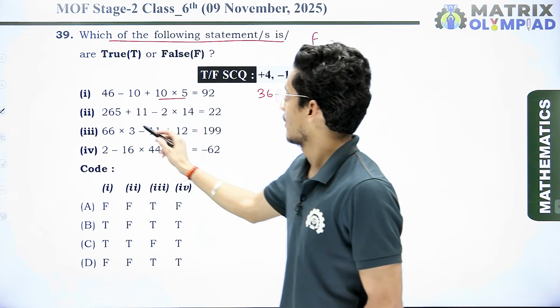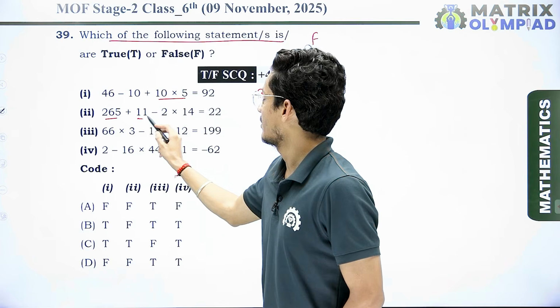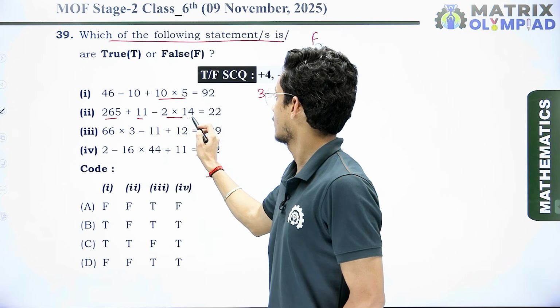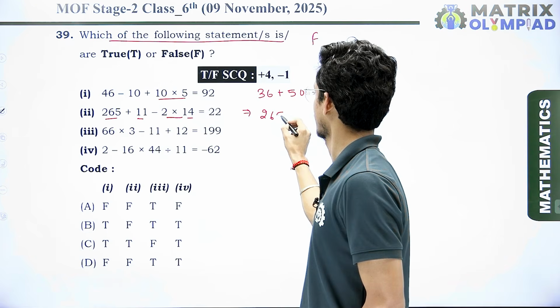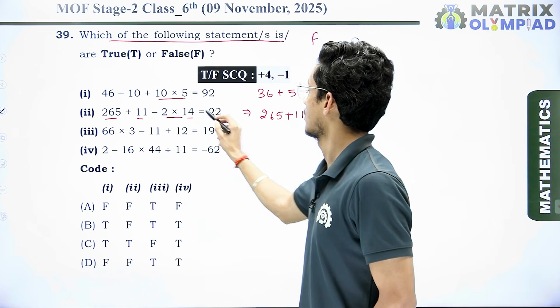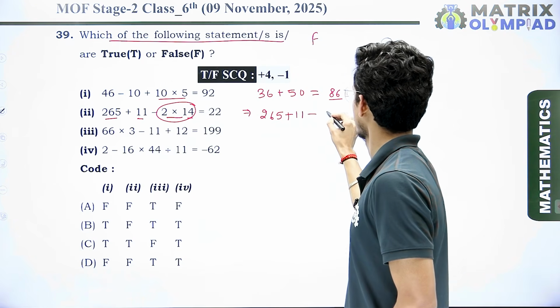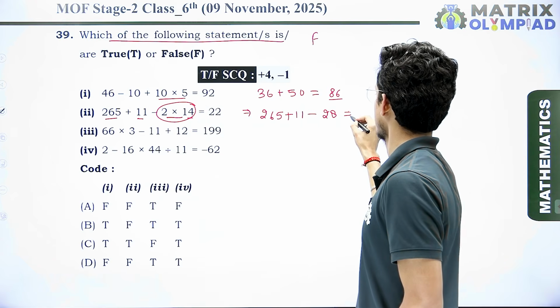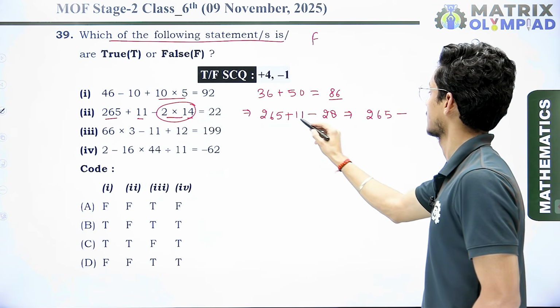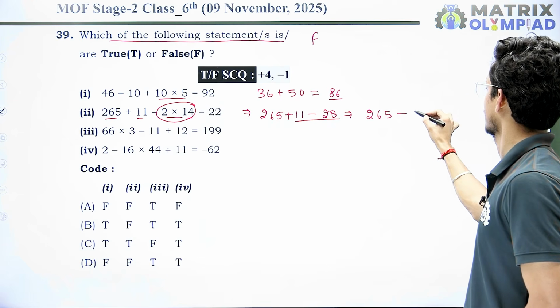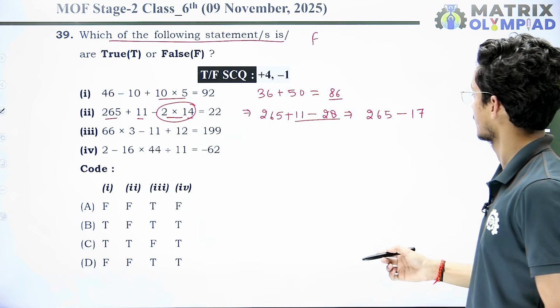Second, 265 plus 11 minus 2 multiplied by 14. So here I can write 265 plus 11 minus 14 twos are 28. So I can write 265 minus, here we get 17.